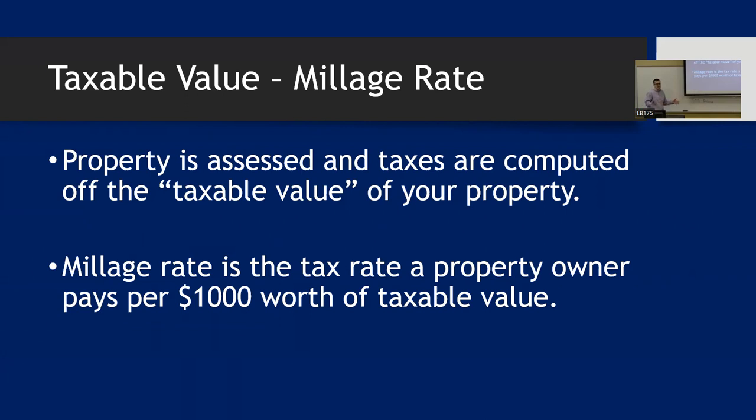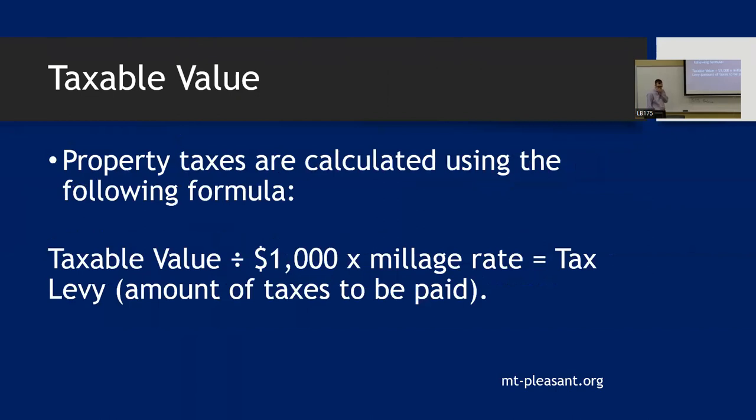So if you have a $100,000 taxable value house, that means you multiply everything by 100. Do you get that? All right. So it comes into a fairly easy formula. You take your taxable value, you divide it by $1,000, and then multiply it times your total millage rate.